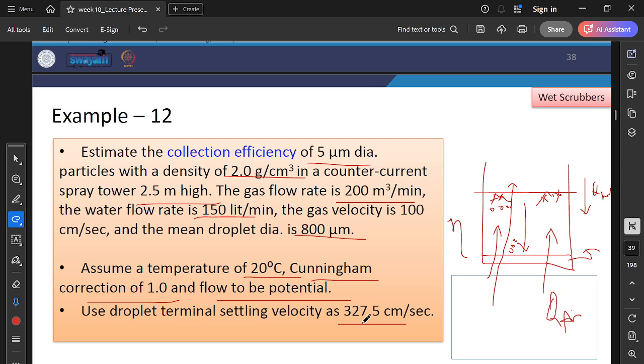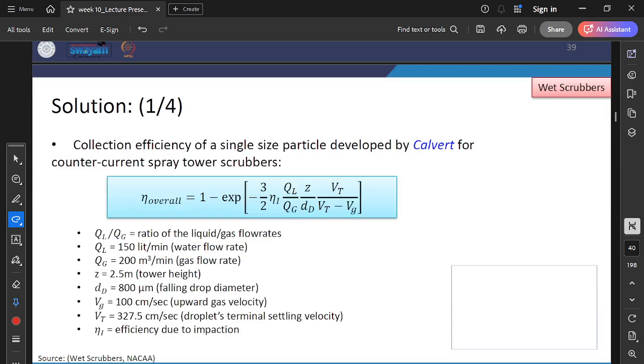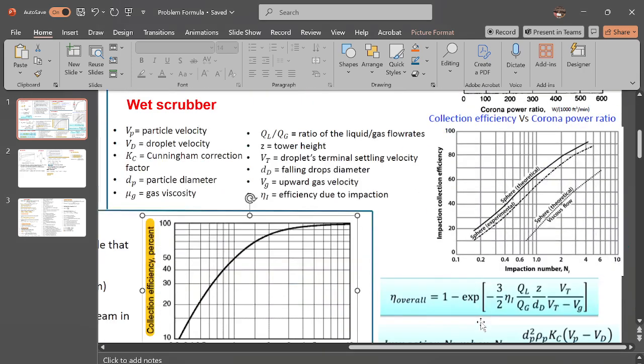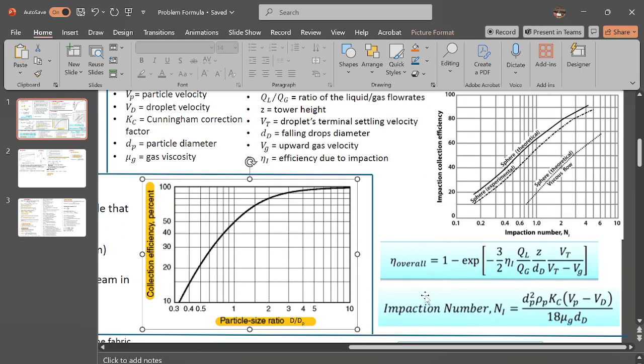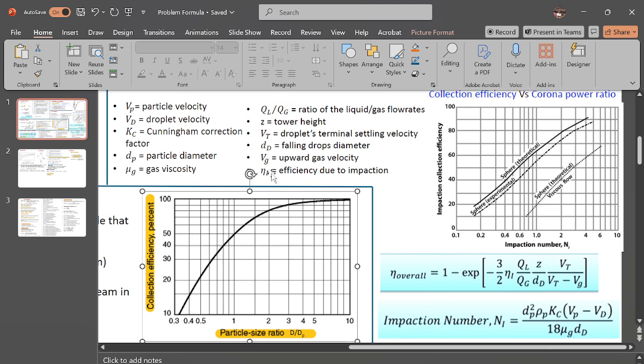What's the formula for collection efficiency in wet scrubbers? I have given it in the formula sheet. Overall efficiency equals 1 minus exponential of minus 3 by 2 into eta I, the impaction efficiency, into QL by QG, that is the flow of the liquid by the flow of the gas, I mean water flow and gas flow, into Z. What is Z?